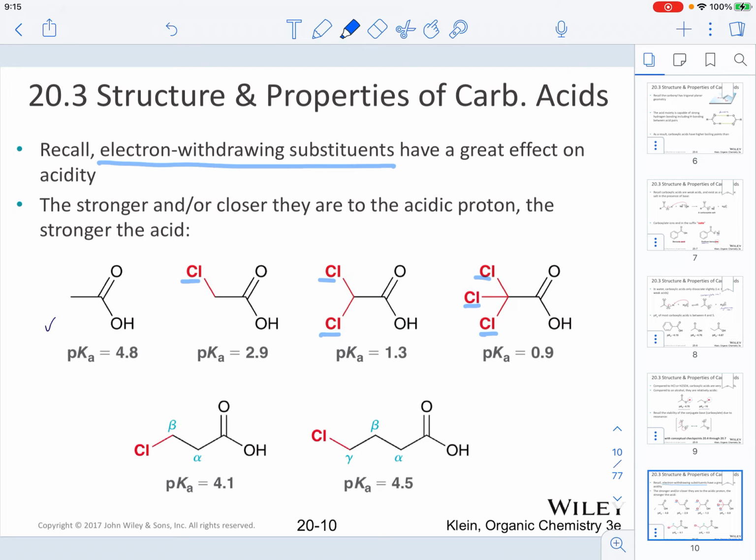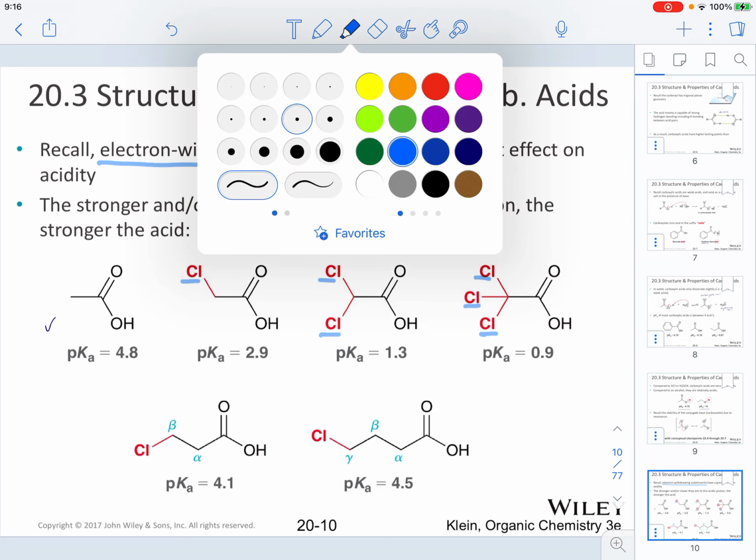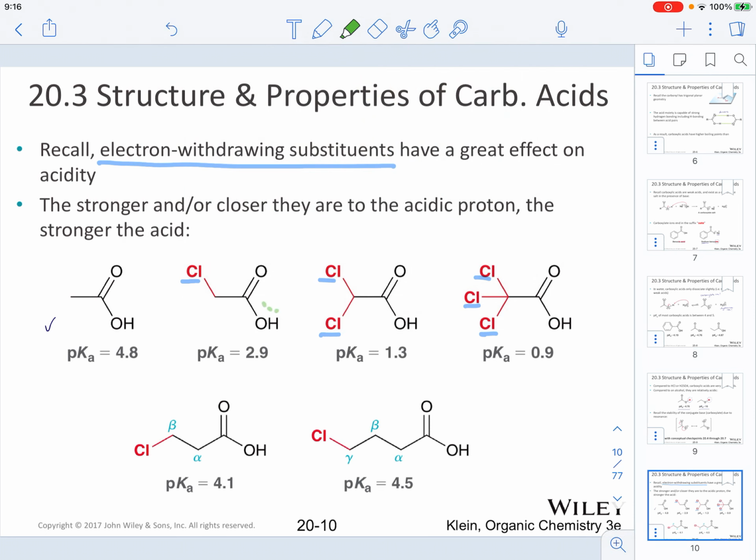And if we rationalize why that is, remember that once that proton leaves, we are going to create a carboxylate anion. Having an electron withdrawing group is actually inductively pulling electron density away from this area of the molecule in any of them.